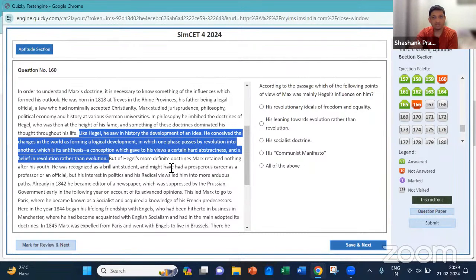But of Hegel's more definite doctrines, Marx retained nothing. अच्छा, okay, ठीक है. I can't see Hegel anywhere later. तो यहाँ पे development of an idea, some idea has to be developed.